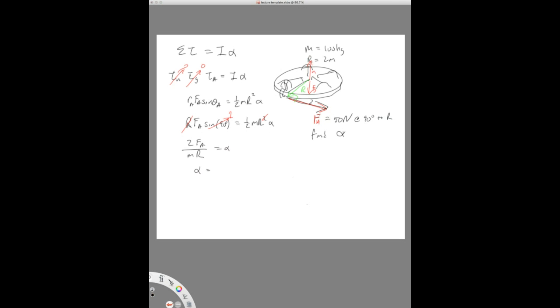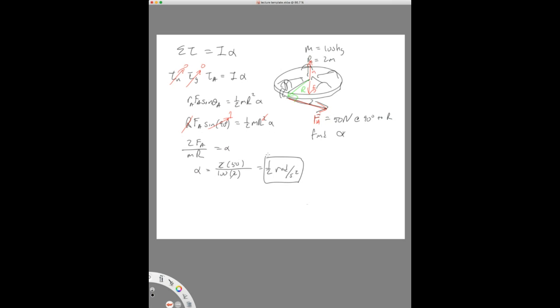So alpha then would be 2 times 50 newtons over 100 kilograms times 2 meters. So those 2's just cancel out, and we get 1/2, and our units should be radians per second squared.